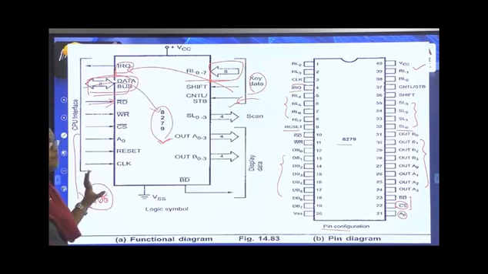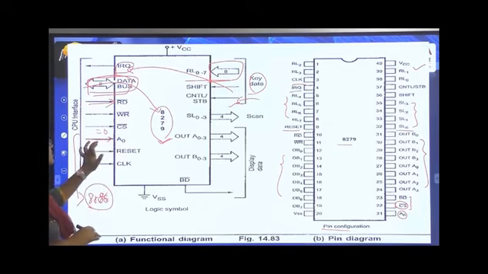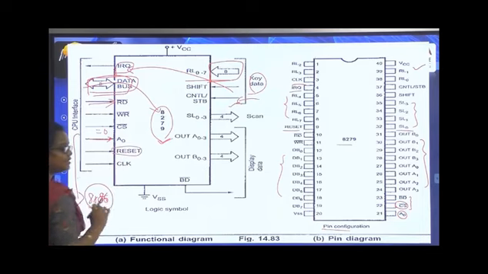Whenever chip select is 0, the 8279 is in operation. Address line A0 is also there, and to clear all the registers we press reset, along with the clock signal. For a write operation it will be 0.